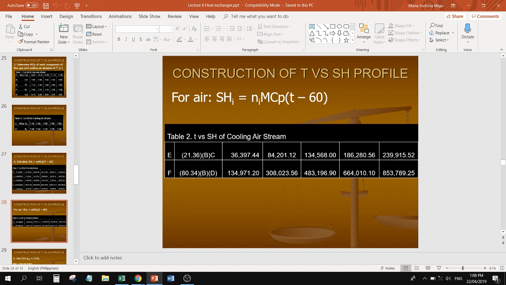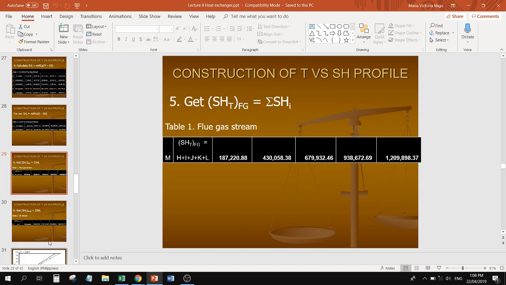Okay. So again, we have to evaluate the NMCP delta T for each component of the air stream. This is the component, multiplied by the MCP and dt. Just like in the parallel flow heat exchanger, we have to get the summation.